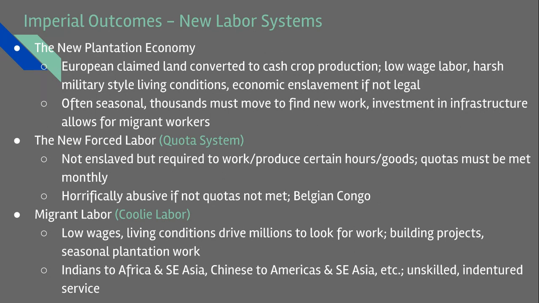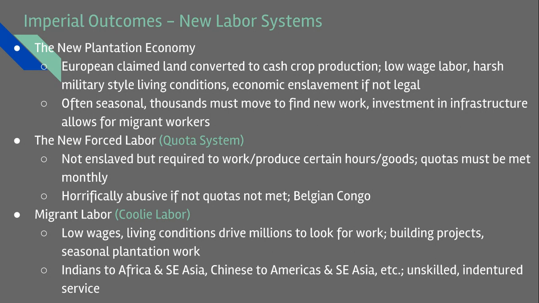However, it was required forced labor for a certain amount of goods or a certain amount of hours or a certain amount of days per month. And essentially, what would happen is that the colonial powers would set quotas per village or per family of a certain amount of material that must be produced. And those quotas would have to be met every single month.